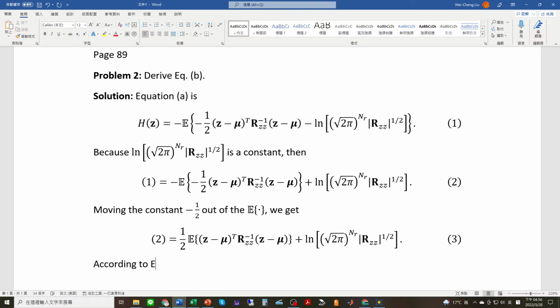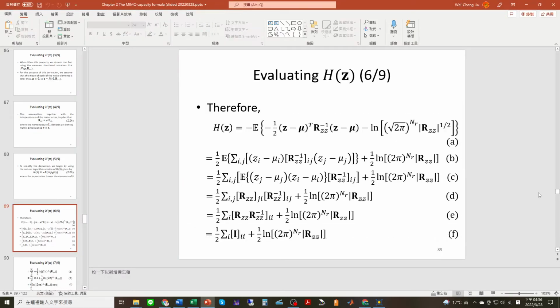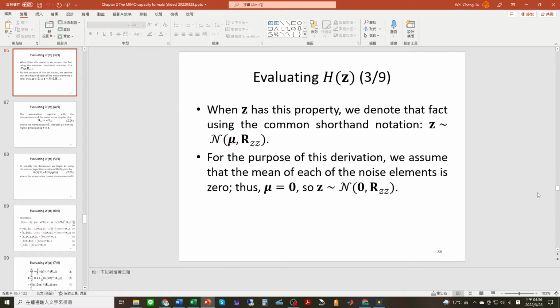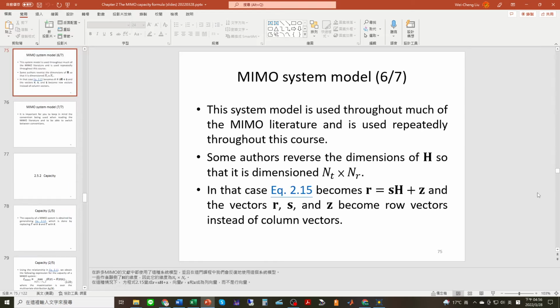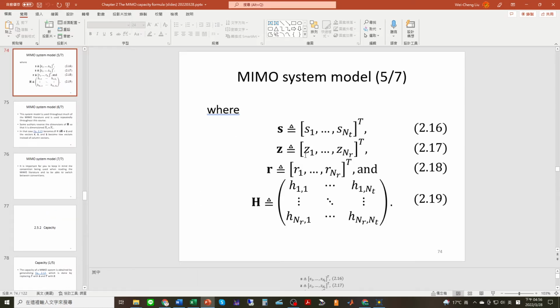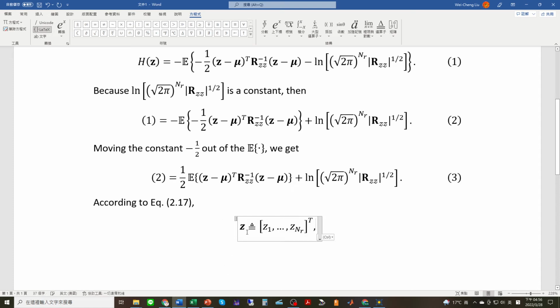According to equation 2.17, let us see equation 2.17. Okay, this equation. Let us copy it and paste to Word. Z, not italic.